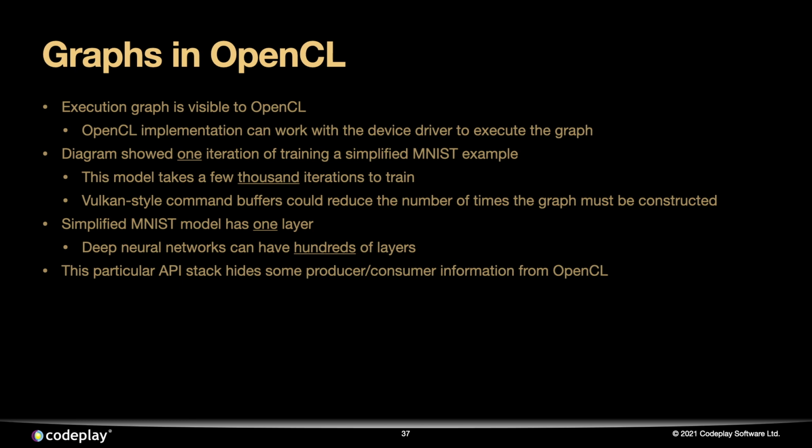And I've pointed this out at a few points in the talk, that this particular API stack hides some information about buffer producers and buffer consumers. And there could be a few ways to improve on this. One option would be to explicitly declare buffers as read-only and write-only.